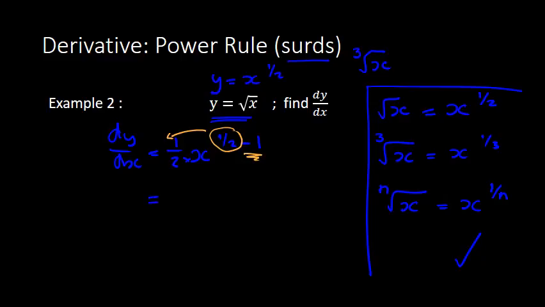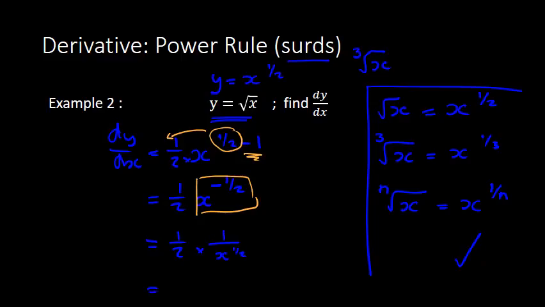To finish the question off then, we're still going to have a half x to the power of negative a half. Now in this case here, a couple of things to remember. Anything that is to the power of negative a half is in fact the same as 1 over x to that power.